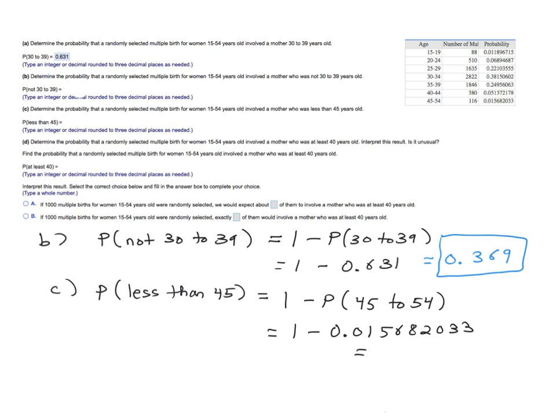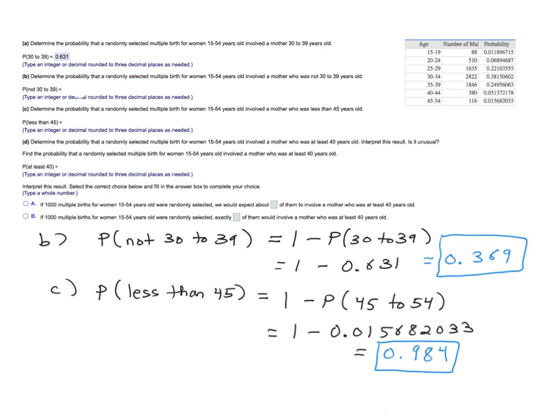When I round to 3 decimal places, I get 0.984. And that makes sense. If you look at this category, there's a very small likelihood. So for the rest of the data, I would expect it to be a very large probability, and it is. It's really close to 1.